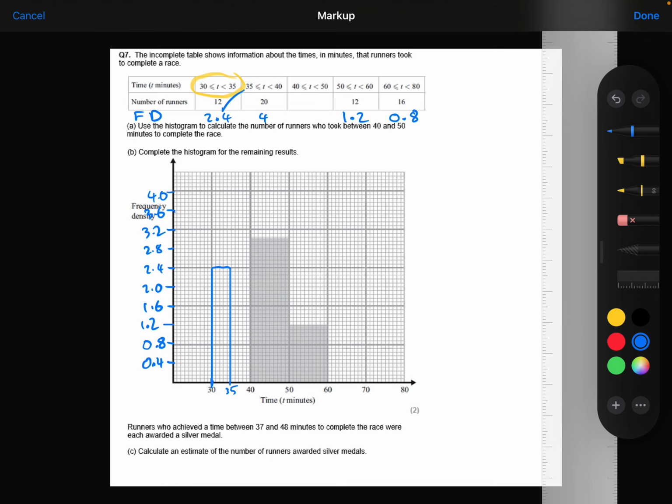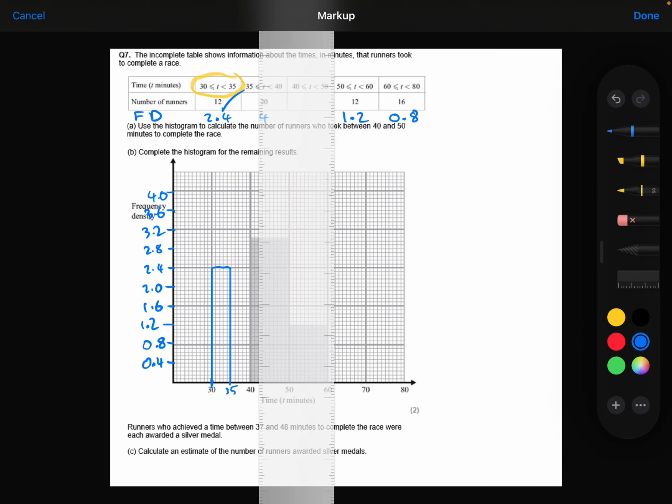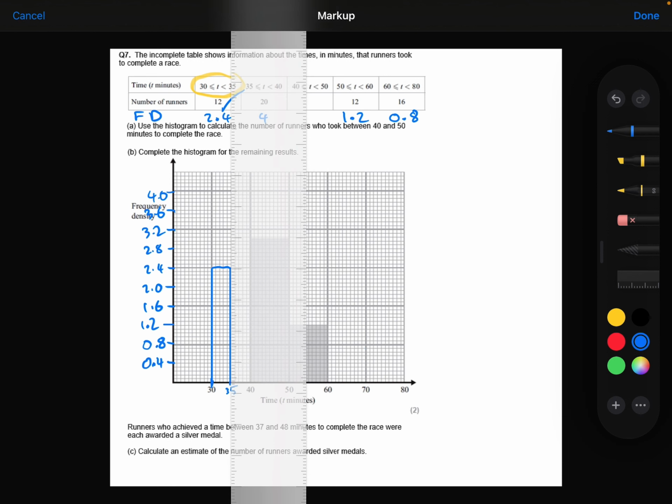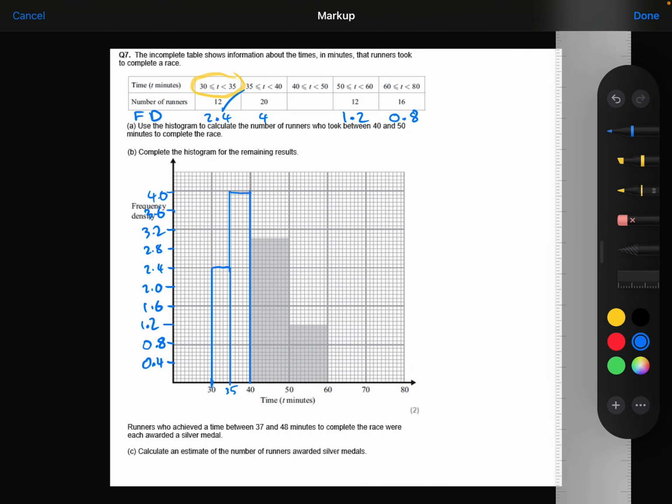Done. The next, between 35 and 40, the frequency density is 4. So this is going to go up to 4 now. Done.